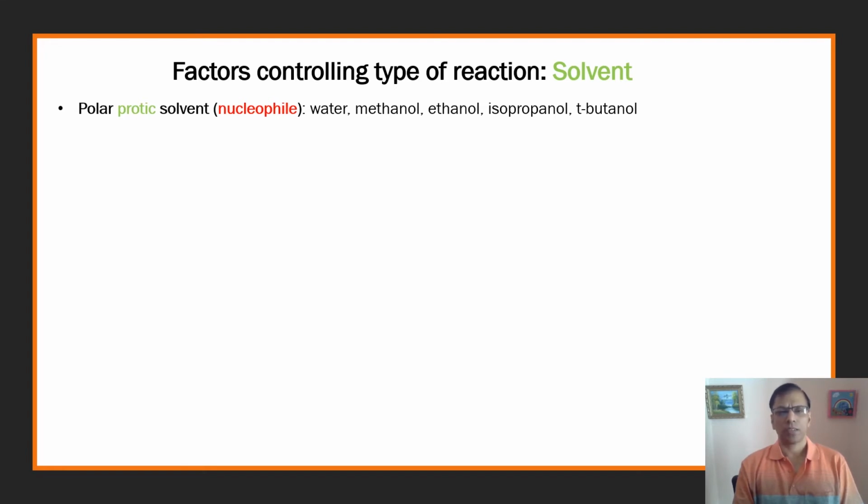Protic because the solvents have a hydrogen that's either attached to oxygen or nitrogen, and it can help in hydrogen bonding and stabilizing the carbocations, and it also can act as a nucleophile.